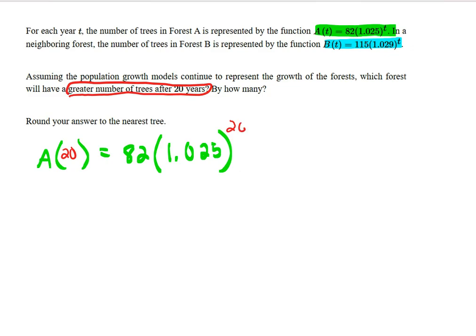Depending on what kind of calculator you have, I plug all that into my calculator and I get 134.3665, and then it goes on after that. It does say round to the nearest tree, so 134.3 trees would be approximately 134 trees.